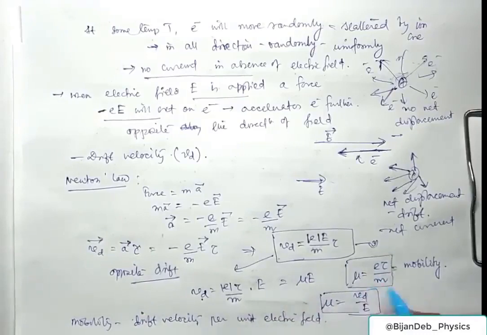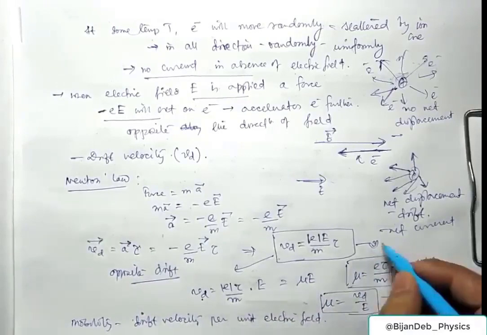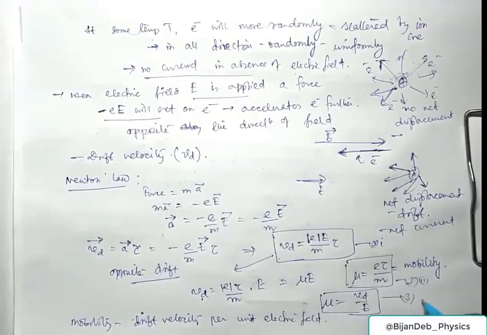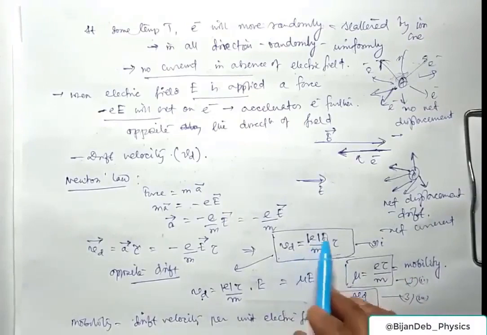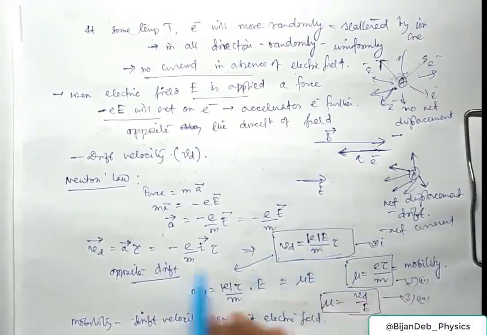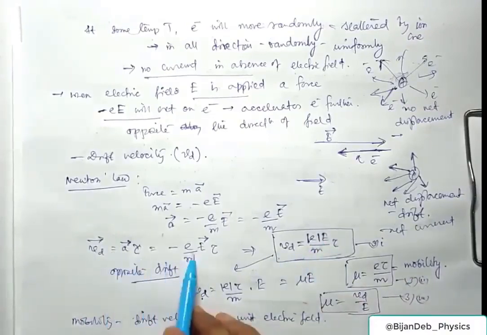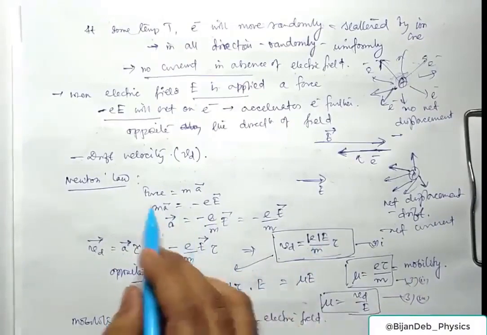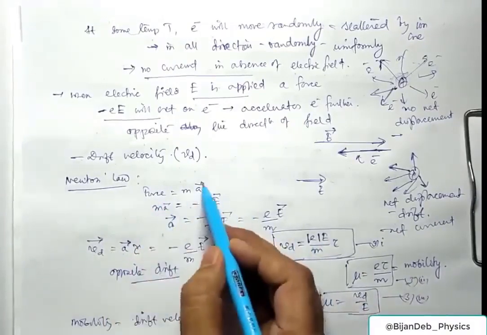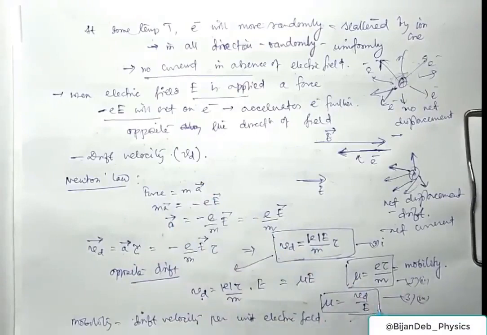All these we can take as equation 3, that is 3a, 3b, 3c like this. So all these are basic relations, Vd equals a tau, equals eE by m tau. How do we relate this? Force is mass into acceleration, Newton's law we use because we consider the classical theory. All clear? Okay.